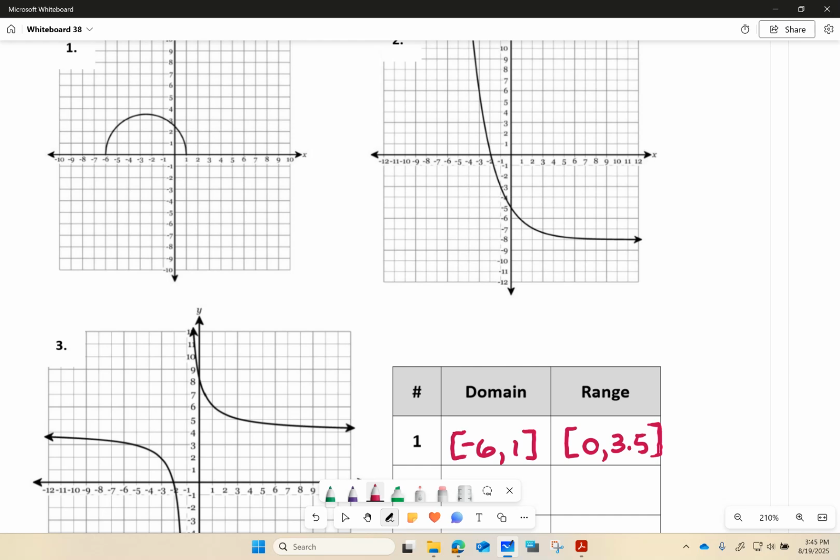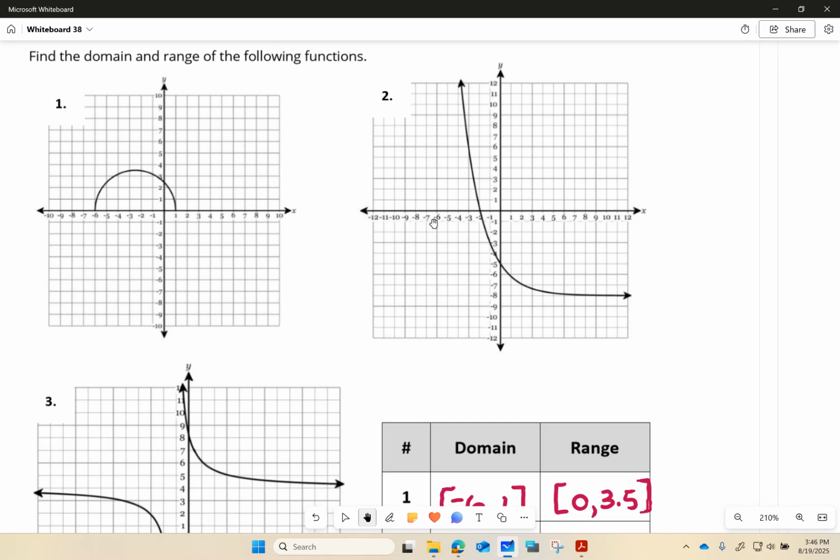When we look at problem number 2, I want you to notice something. So let's talk about this arrow right here before jumping into domain and range. Sometimes students, when they look at this arrow, if I asked what direction is that arrow going in, most students will just say it's going up, okay?